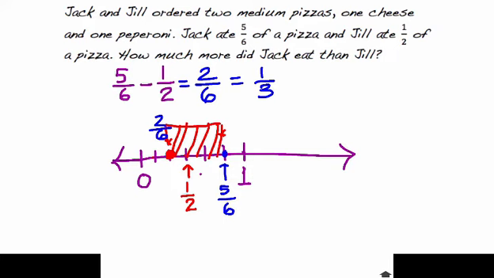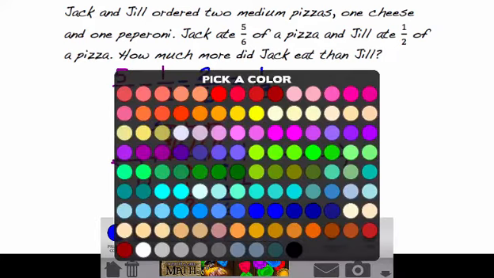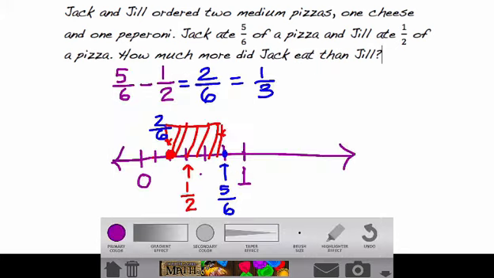Also notice that when we jump back to our number line, I'm going to change colors one more time to show you why the 2/6 and the 1/3 are equivalent fractions. I'm going to break up my whole unit.